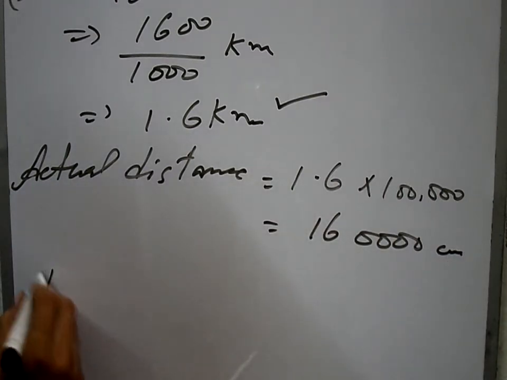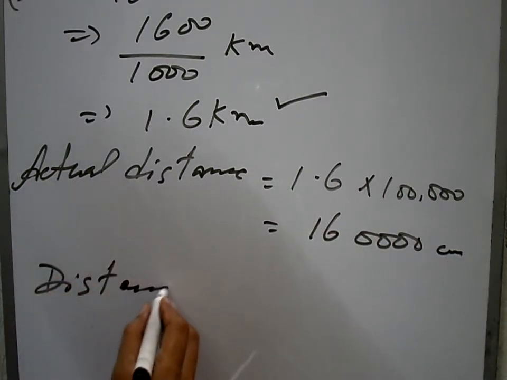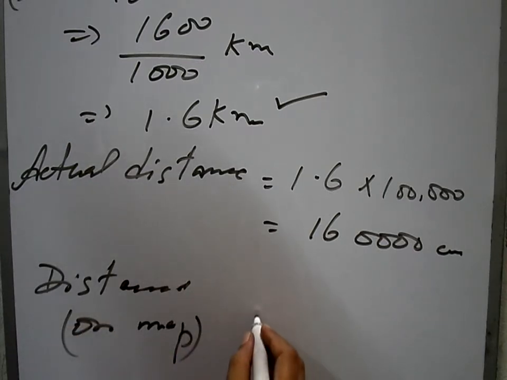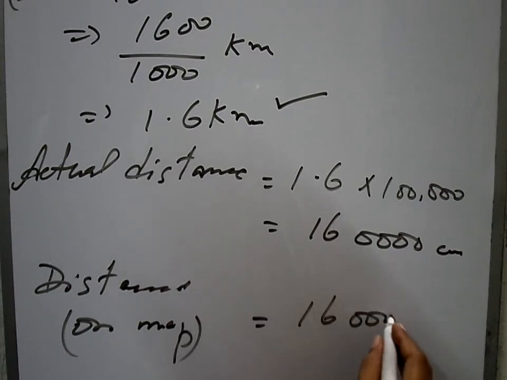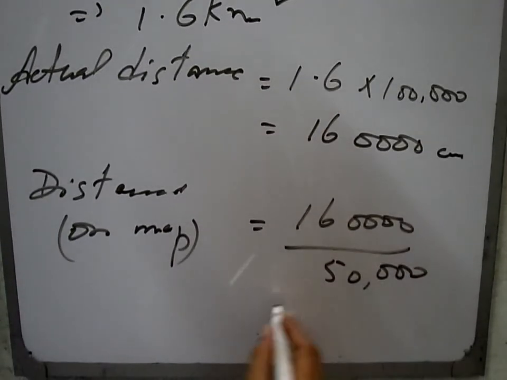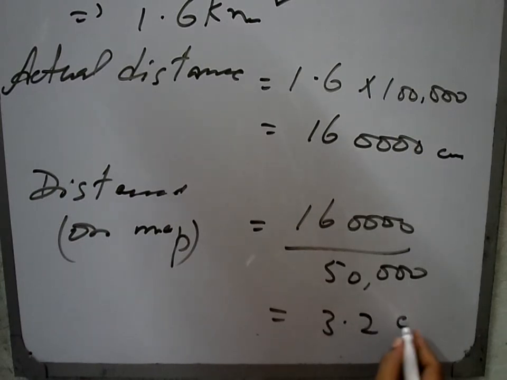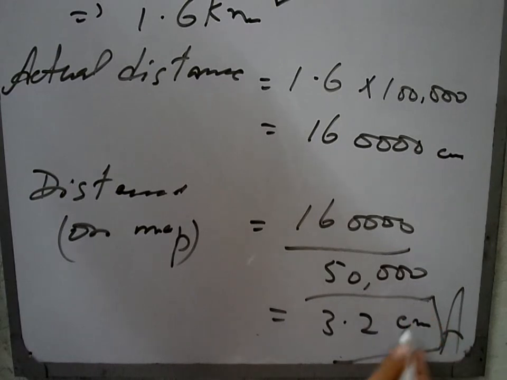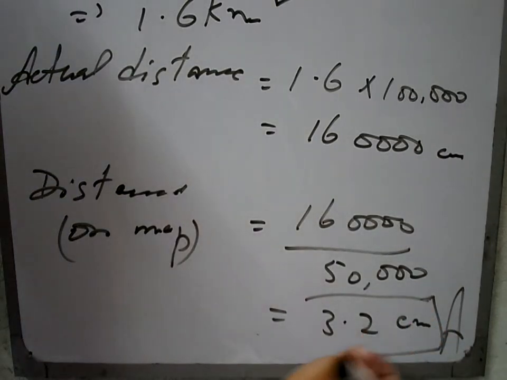So the distance on map is equal to 16 divided by 50,000. So you will get 3.2 centimeters as your required result. On the map you have to draw the line of 3.2 centimeters.